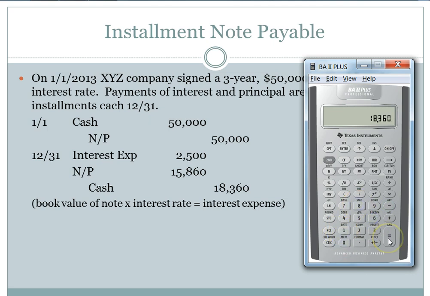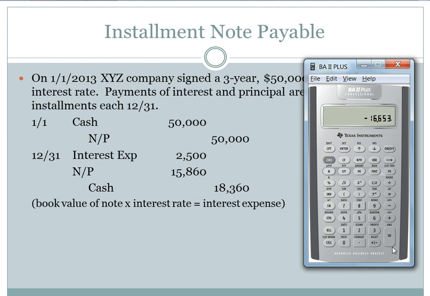So I subtract 18,360, and that tells me that for 2014, my note payable is going to be reduced by $16,653. So out of the current balance in my note payable account, $16,653 will be paid off this year, within 1 year of the balance sheet date. The rest of the balance will be listed as a non-current or long-term liability.